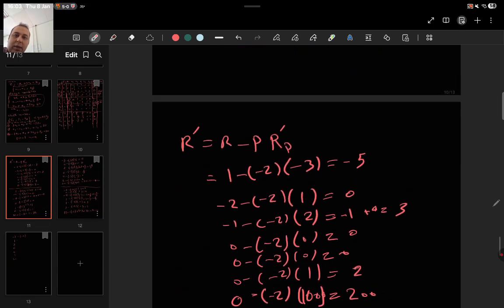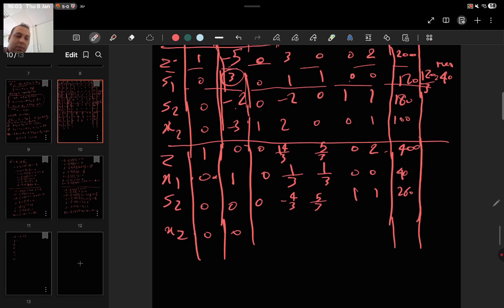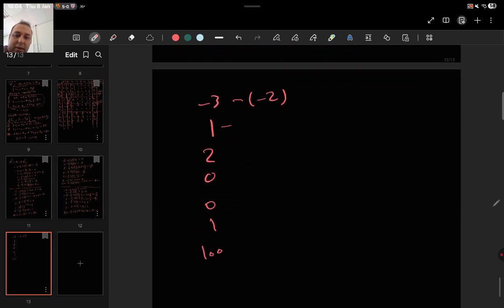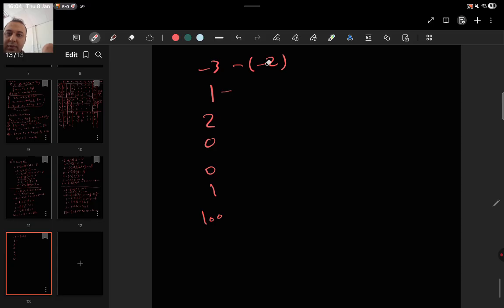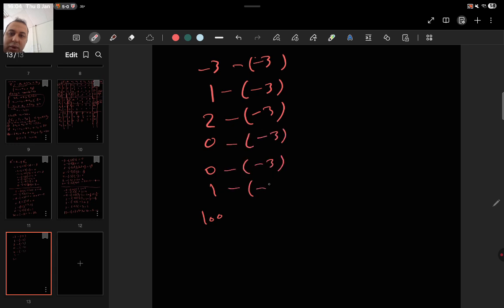Minus the pivot, which is minus 3 here. So we get 1, 0, 1/3, 0, 0, 0, 40.